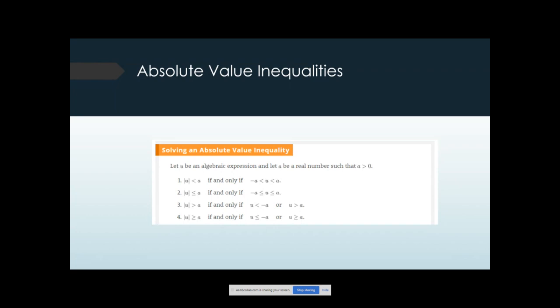The way I look at it is that if it's a less than or less than or equal to, it creates a compound inequality, which we just solved. And if it's a greater than or greater than or equal to, it creates 2 separate inequalities separated by an or.